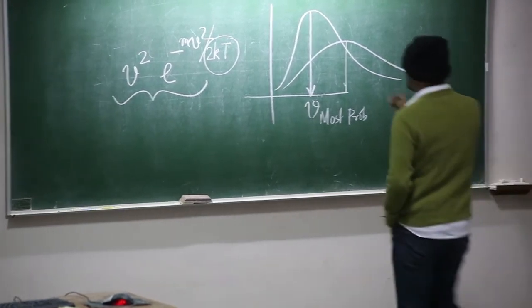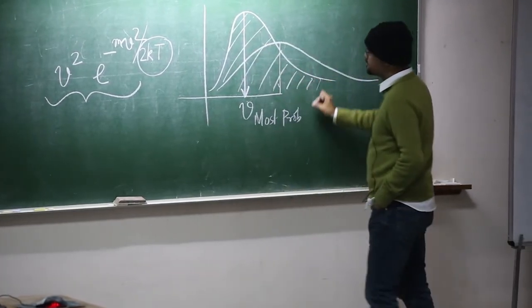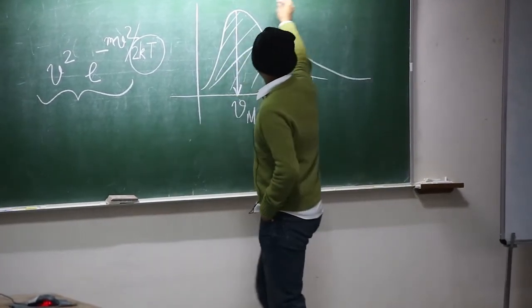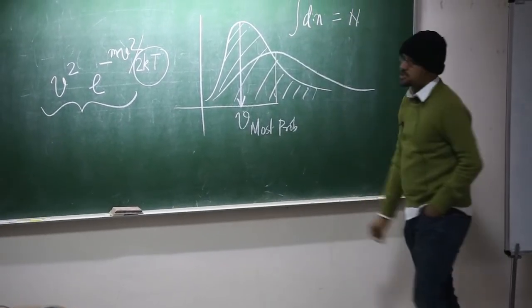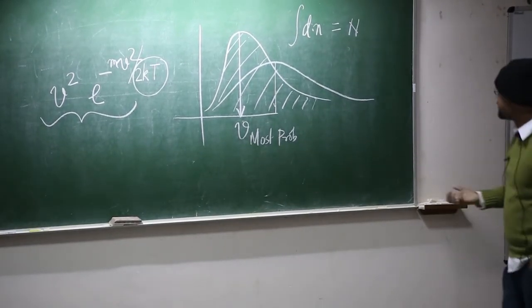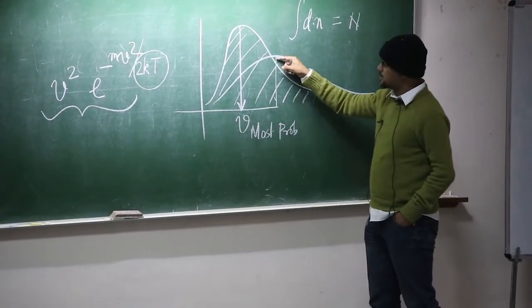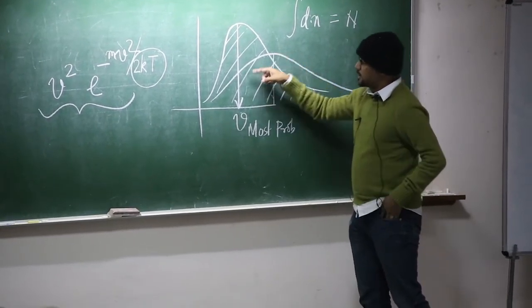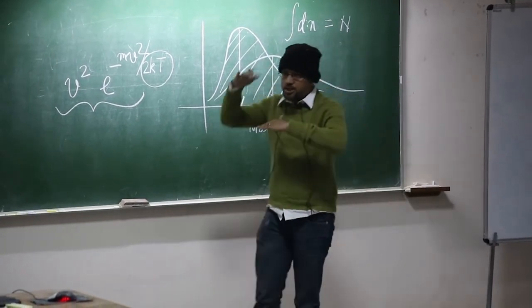So the total area under the curve, which is the integral of dn, should be N, and that should be a constant. So if at a higher temperature the peak shifts and it broadens out, then it has to also get shallower.